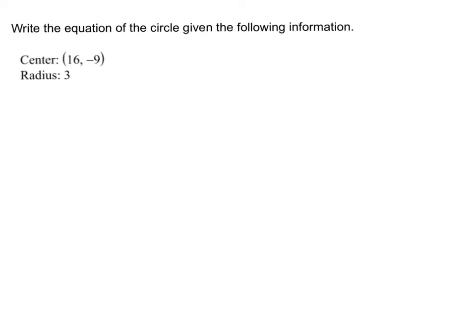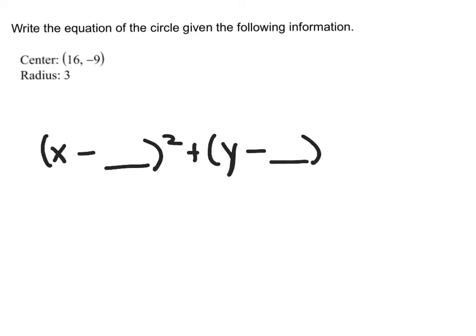In this example, we have to fill in the equation of the circle using what's given. The first blank is the x-coordinate of the center, which from what's given is 16.